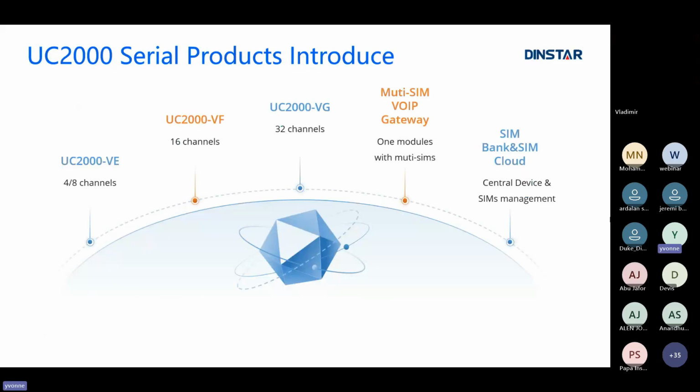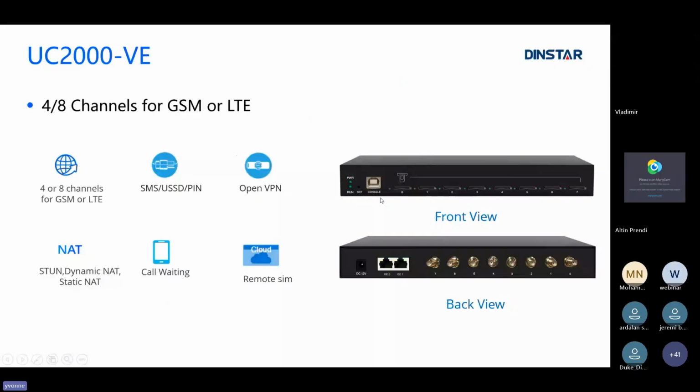Our UC2000 module hardware has multi-scenario adaptability to meet the needs of enterprises of all sizes, as you can see here. The UC2000 VE series supports 4 to 8 wireless voice channels and is suitable for small retail stores and branch offices.